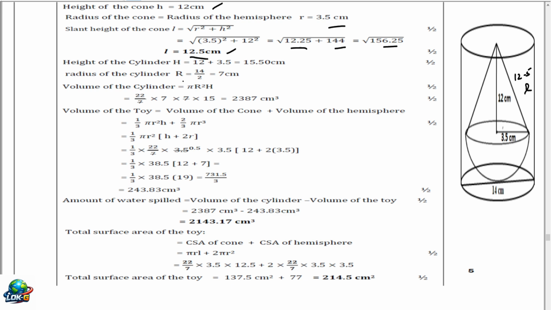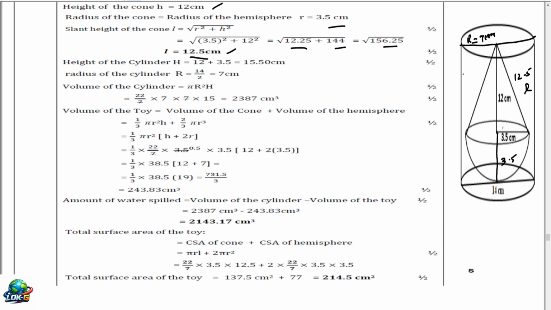The radius of the cylinder we have taken as capital R, which is equal to 7 centimeter. The height of the cylinder is 12 plus the radius 3.5.